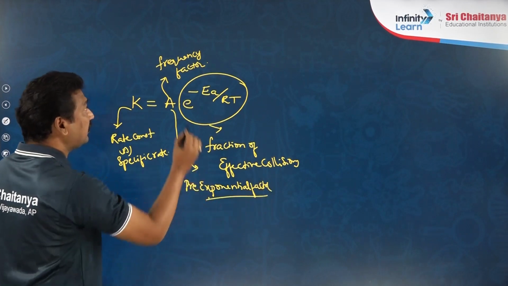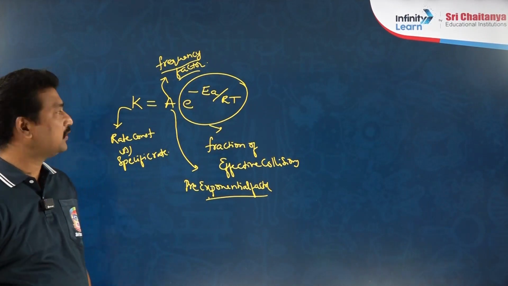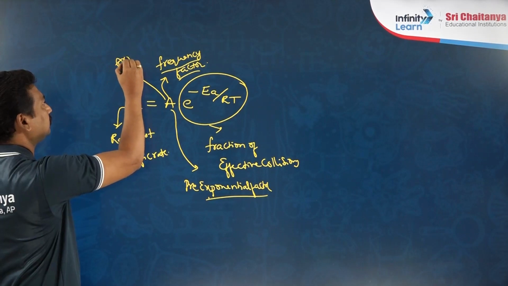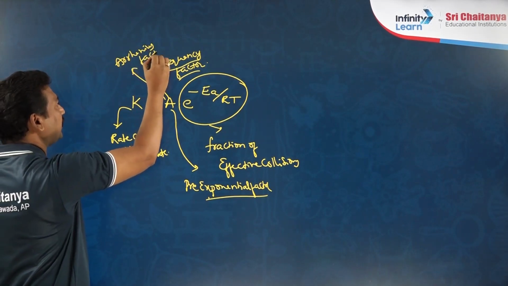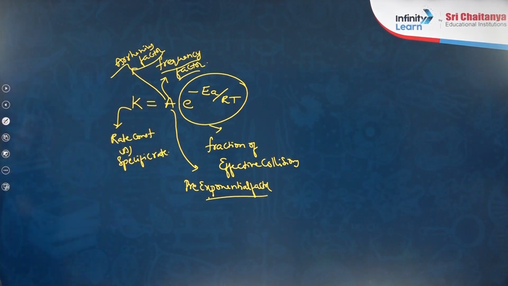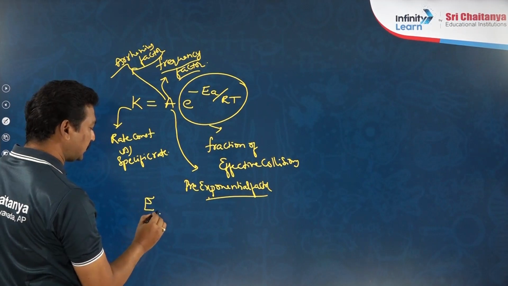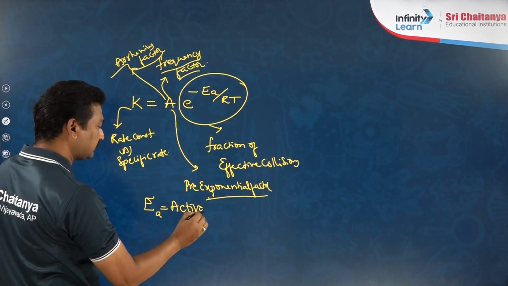Or we can say frequency factor, and since it is given by Arrhenius, also known as the Arrhenius factor. This expression is the Arrhenius expression. And here EA is the activation energy.